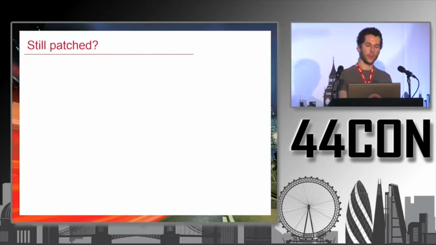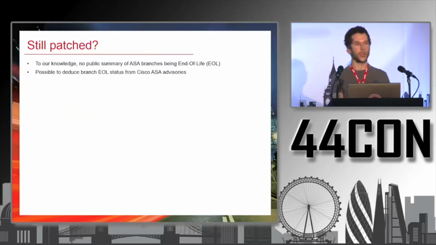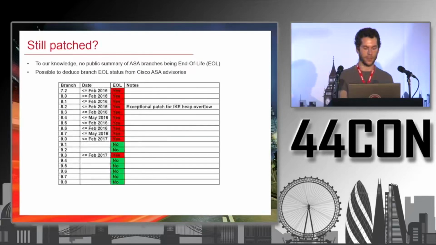The other thing worth talking about is which versions are end of life. As far as we know, there is no public summary of which ASA branches are end of life. But using the advisory I've just shown you, you can deduce the branches that are end of life. You end up with something like this, which shows that versions below 9.0 are all end of life.